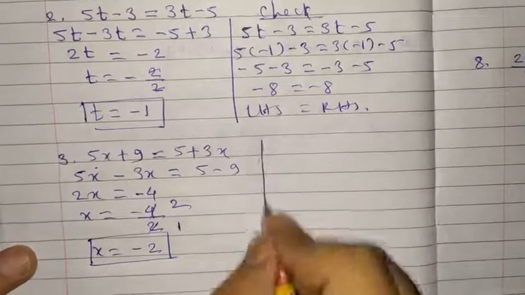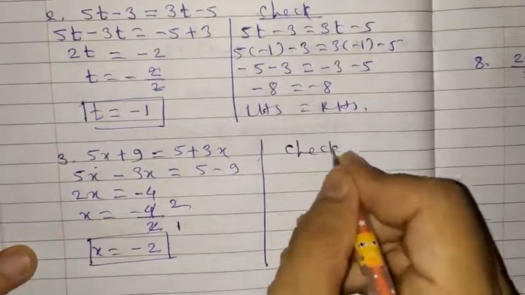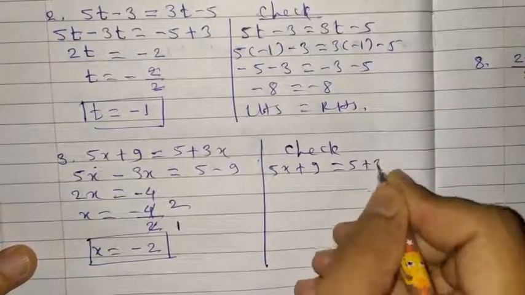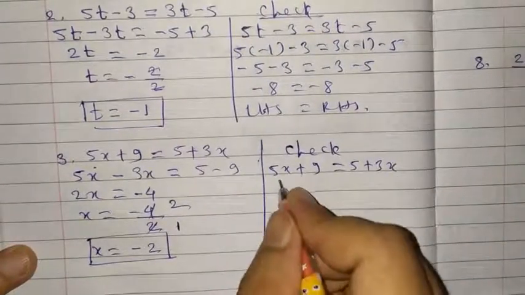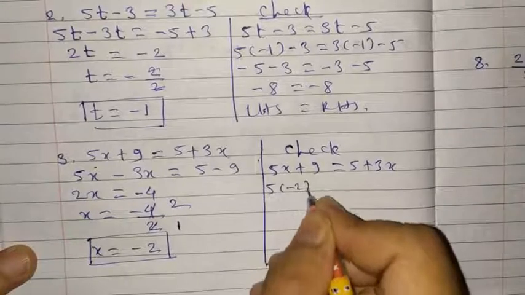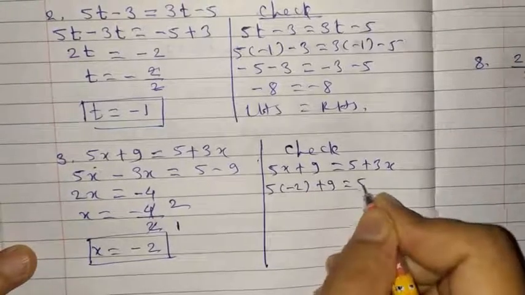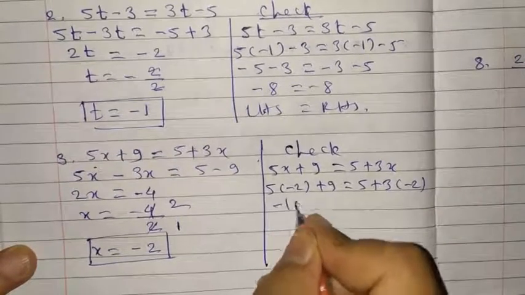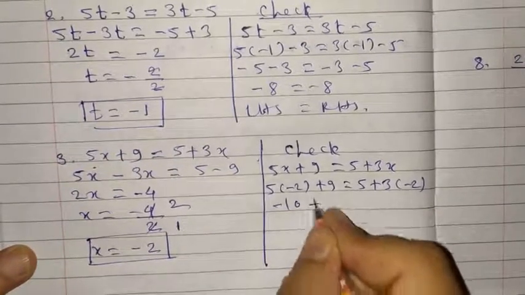Then we will check that. Write the question as it is. Put the values: 5 into minus 2 plus 9, and 5 plus 3 into minus 2. Here 5 into 2 is 10, sign is minus, plus 9.